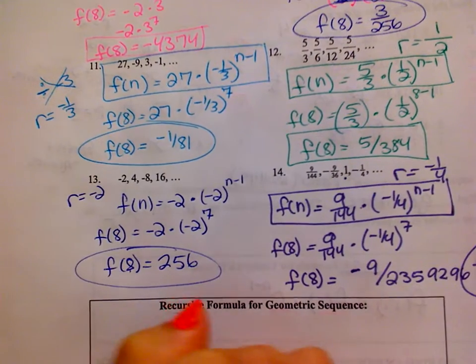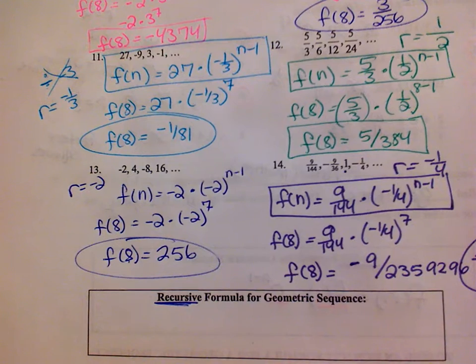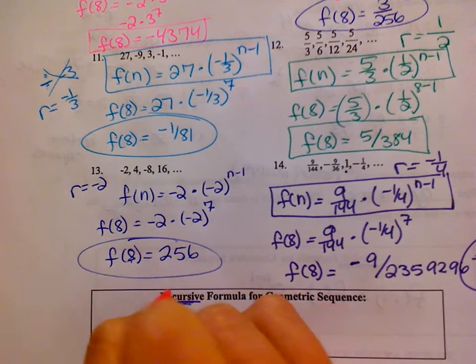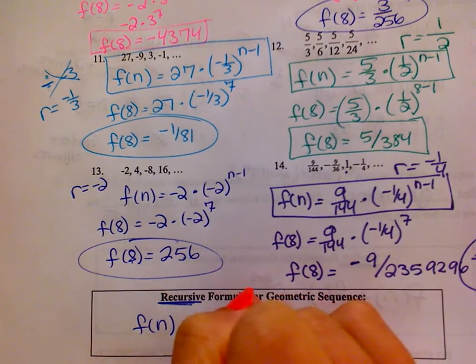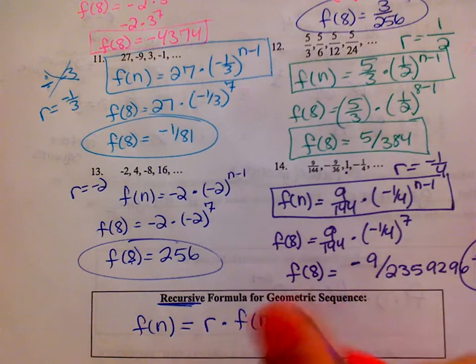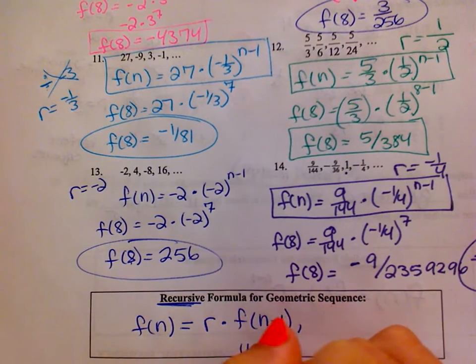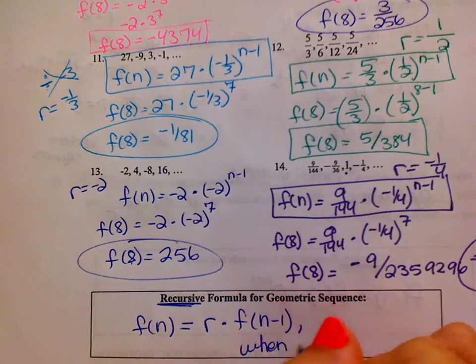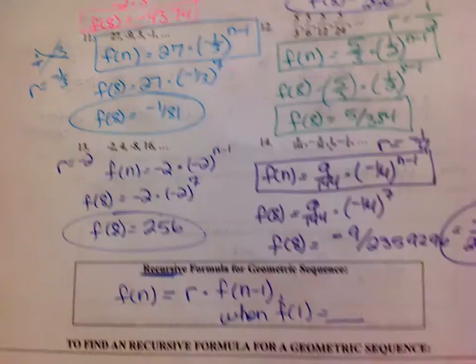The recursive formula, it's pretty darn similar to the same idea as your arithmetic formula. F of n, the nth term, you're going to do r times the previous term. Again, f of n minus 1 is the previous term, when f of 1 equals, you tell me what the first term is.